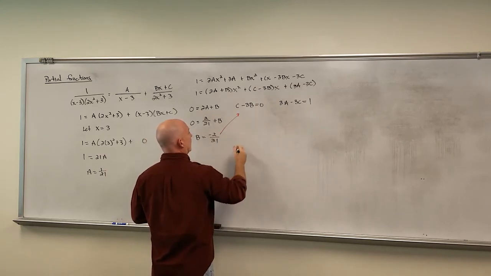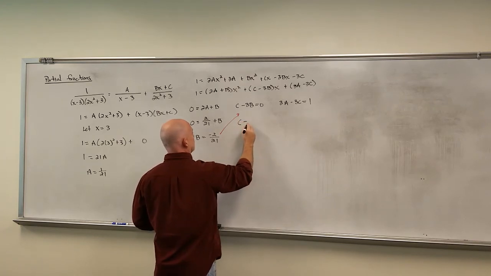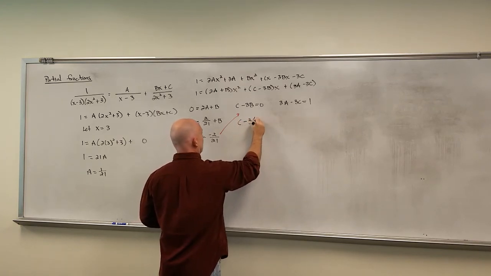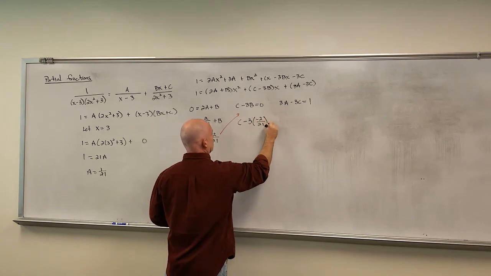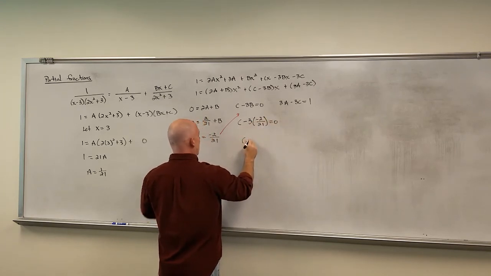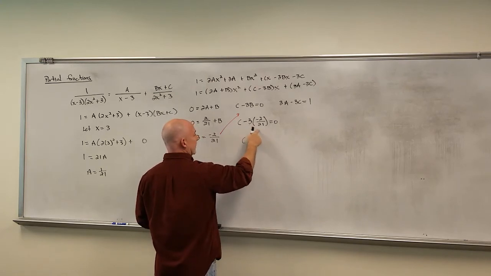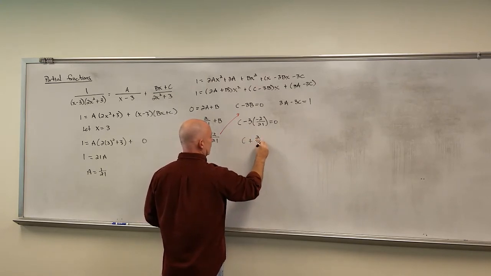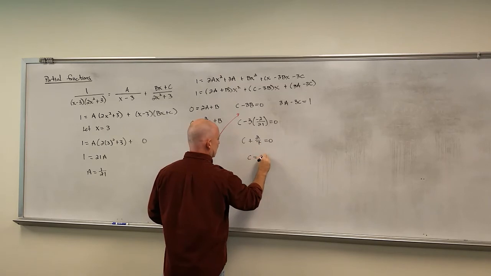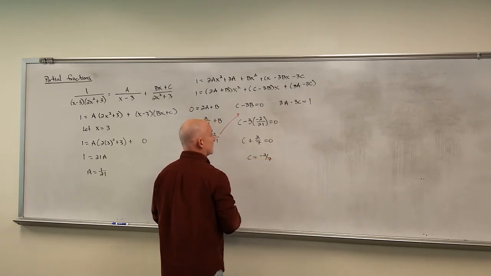So what do I have? Let's see, that's going to be c minus 3 times negative 2/21. So c plus, let's see, that'll reduce to give me a 7, so 2/7. So c is negative 2/7.